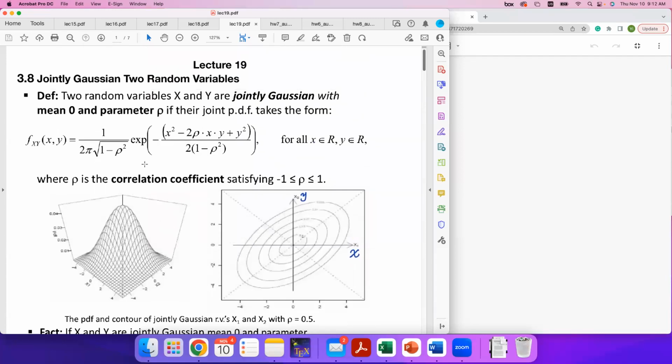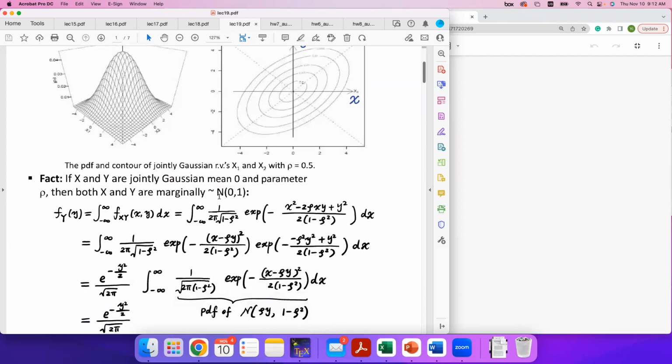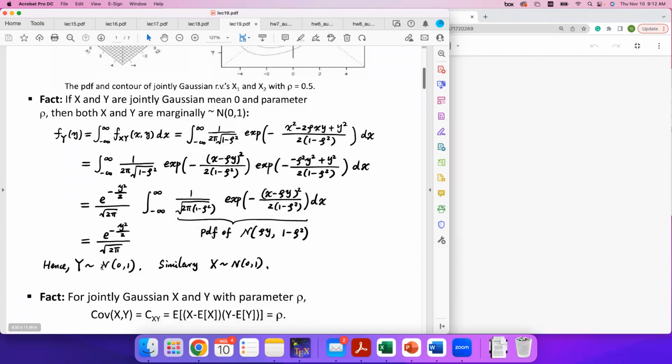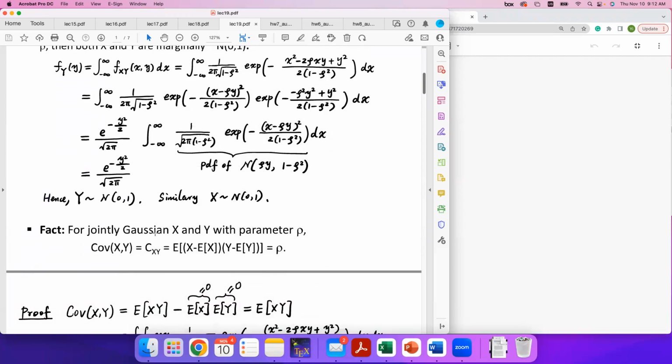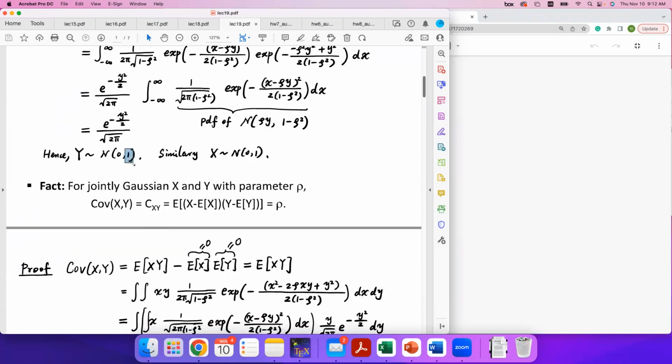So this rho only characterizes their correlation coefficient. But each of them is always a standard normal Gaussian random variable. And because they are standard Gaussian random variables with unit variance, the covariance is actually equal to the correlation coefficient.